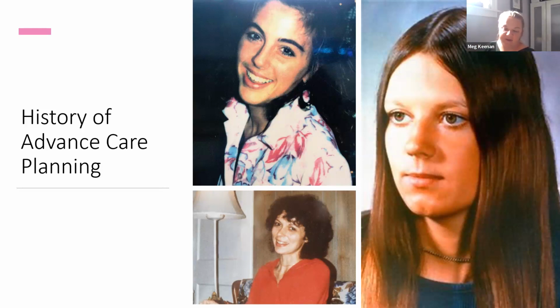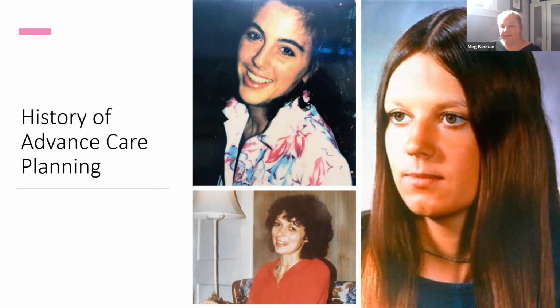Probably the most famous advanced care planning case is Terri Schiavo. Some of you may remember this. It started in the 90s and culminated around 2005. And she's the top left photo here. Her case is really what spurred people across the country to finally start having advanced care planning conversations. She lived in Florida. Terri suffered a cardiac arrest that again left her in a persistent vegetative state.